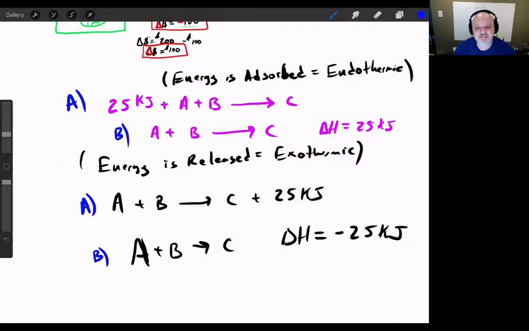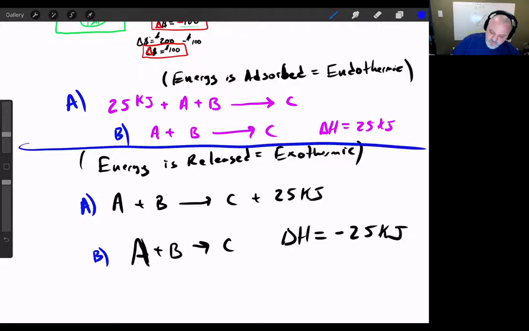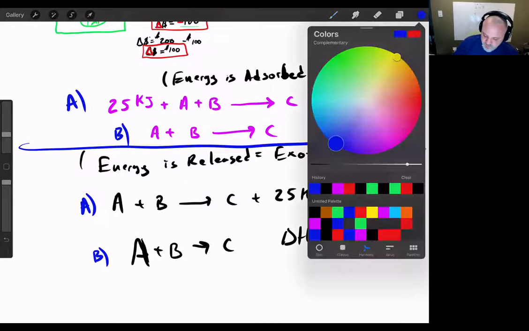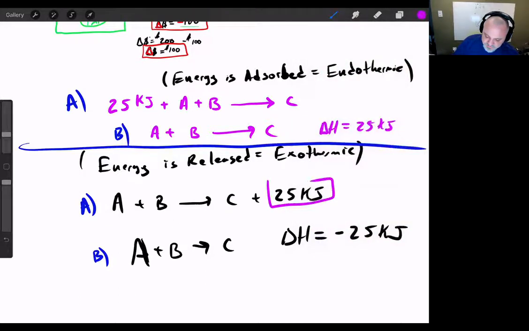You have to then identify whether or not energy is released or energy is absorbed, in which case then you know, based on whether it's a product or a reactant, that it's exothermic or endothermic. You actually see the side of the reaction that it's on.